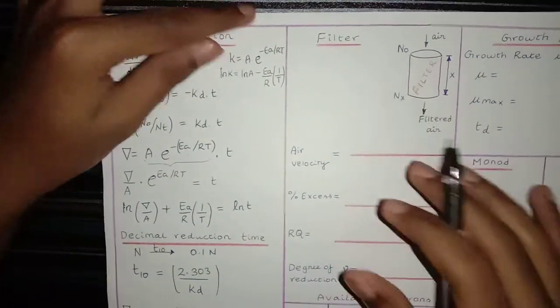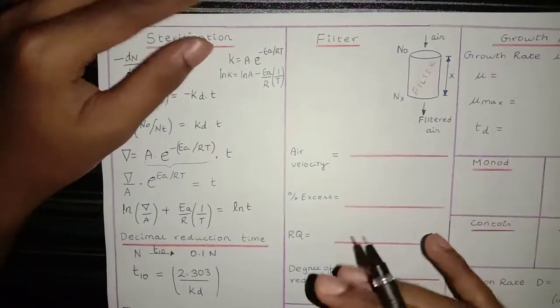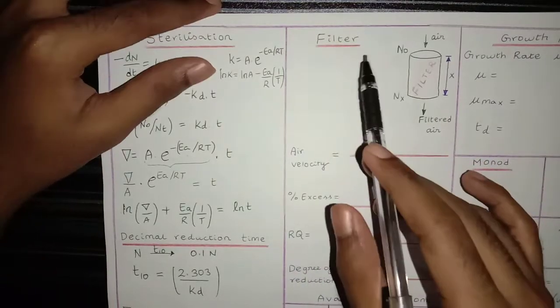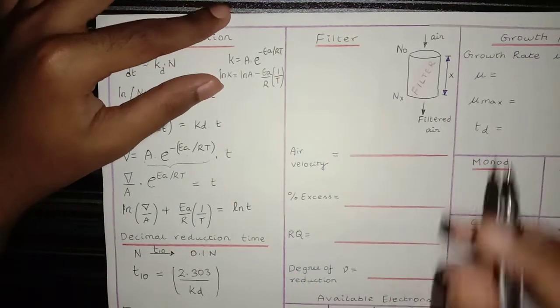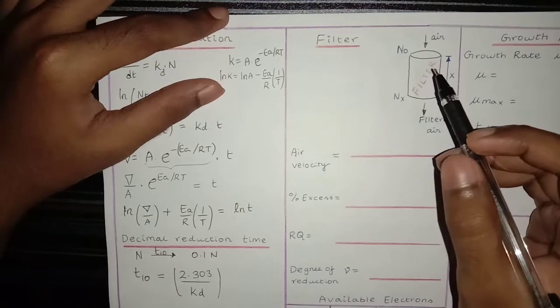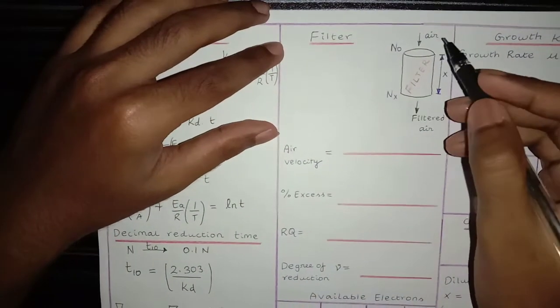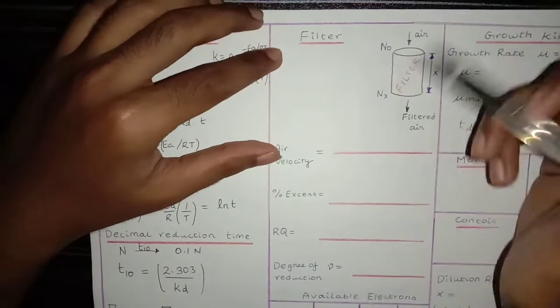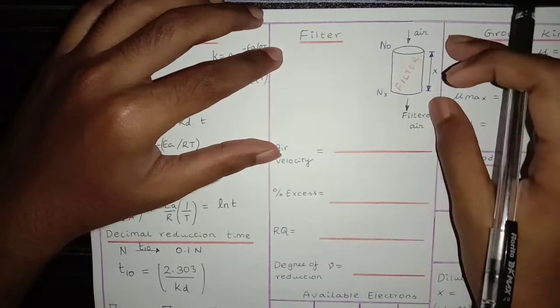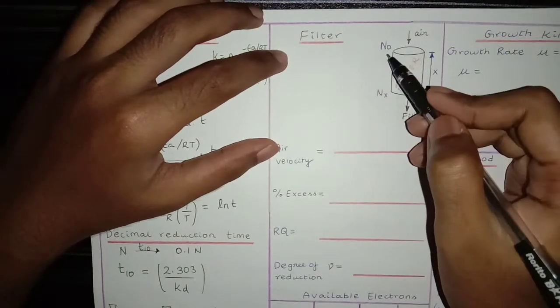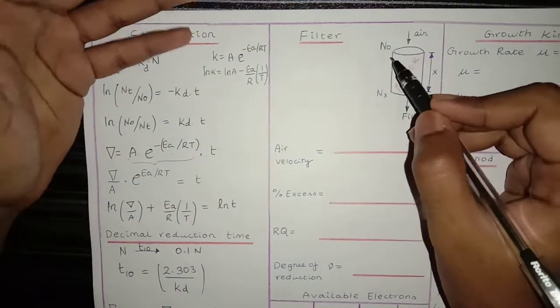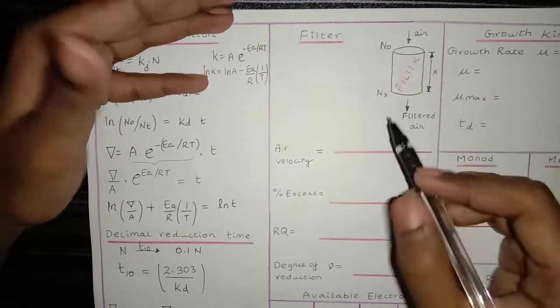Next, another technique to eliminate contamination is filtration. Heat labile samples are generally filtered. Just consider an example where air flows through a filter of length x, and the number of microbes that are to be eliminated is n0.